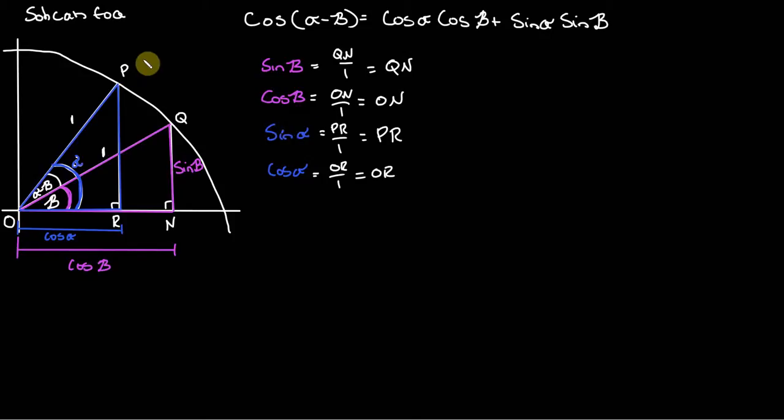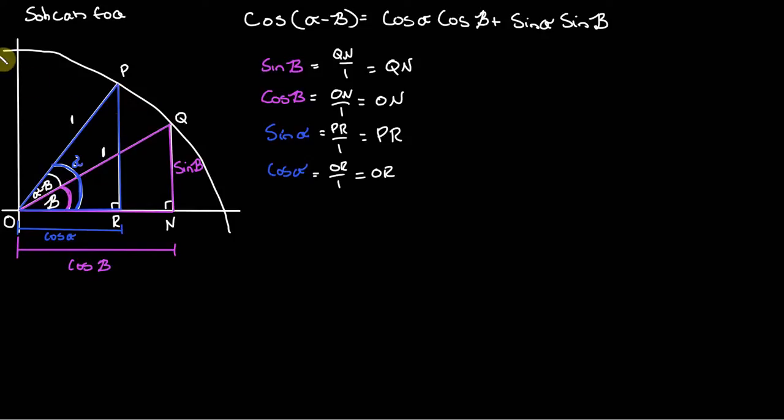Now, what we want to focus on, because we have this angle here, this alpha minus beta angle, and we have in our identity cos alpha minus beta, we want to focus on this angle. How are we going to do that? Well, clearly if we look at it right now, this is not a triangle at all, in fact.